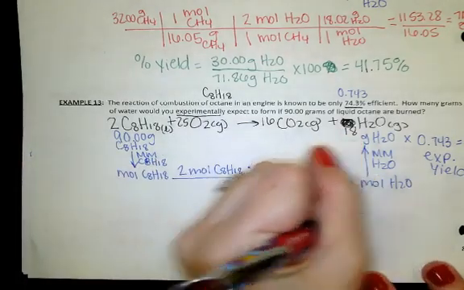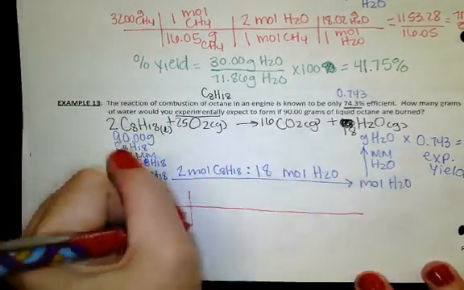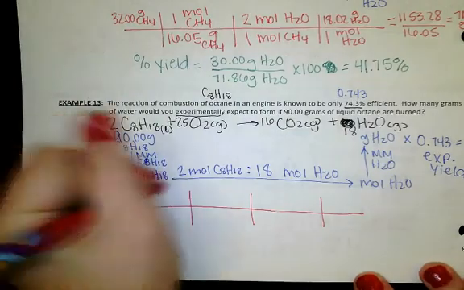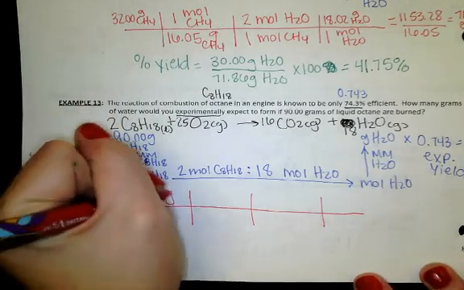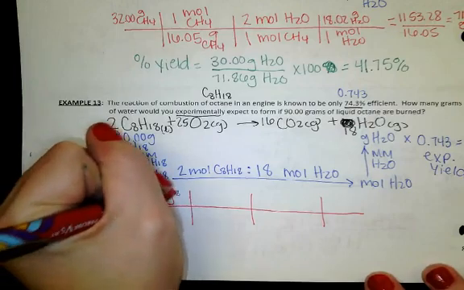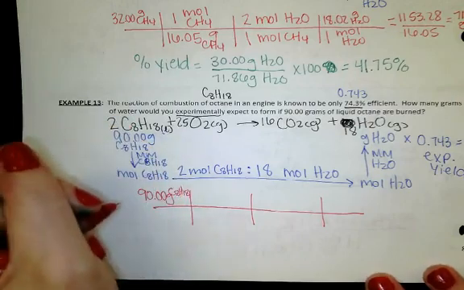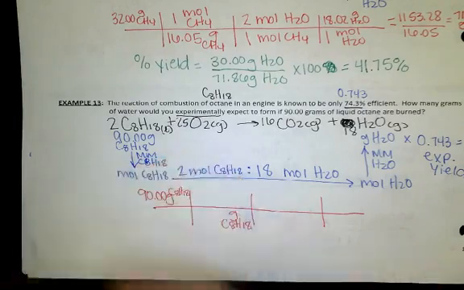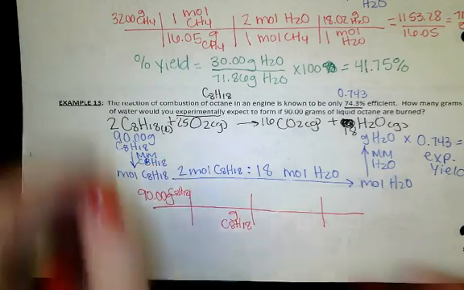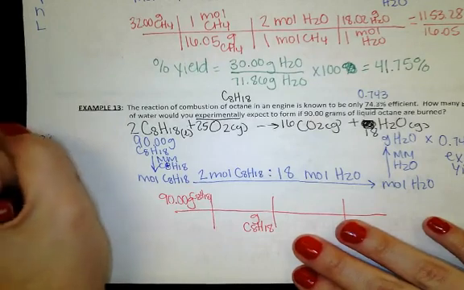So we got 90.00 grams of octane. Okay, so grams of octane is going to go on the bottom. We need to calculate that molar mass. So 8 times 12.01 plus 18 times 1.01. Let's calculate that.